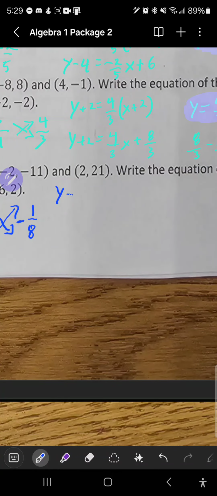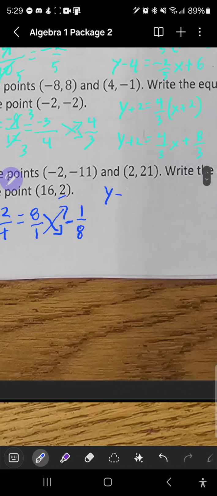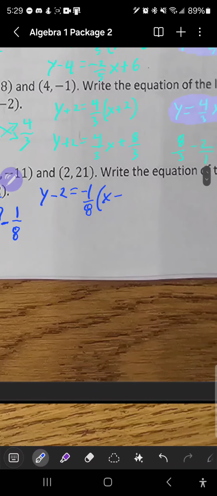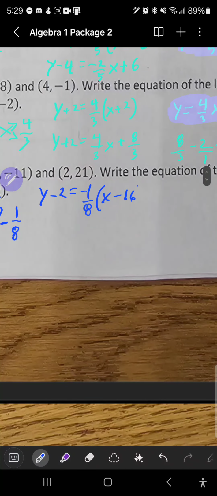We get y minus 2 equals negative 1 over 8 times x minus 16. So y minus 2 equals negative 1 over 8x. Now minus negative is positive, so this will be 1 times 16, 16 over 8, 2. So 16 divided by 8 is 2.